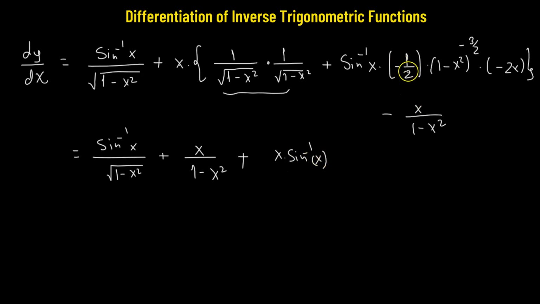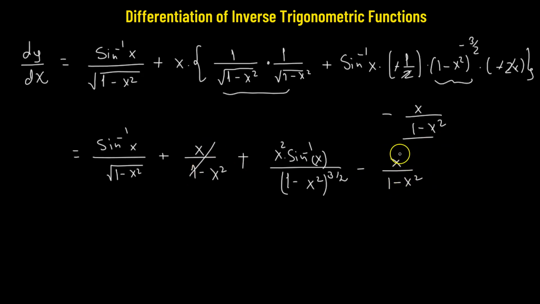Now here, this negative 2 and this negative 2 go away, and this x gets multiplied to give us x squared. Then we multiply this with this term, which we write in the denominator as 1 minus x squared raised to the power of 3 over 2. And the final term, negative x over 1 minus x squared. Luckily, this term and this term go away, so we are left with two terms.